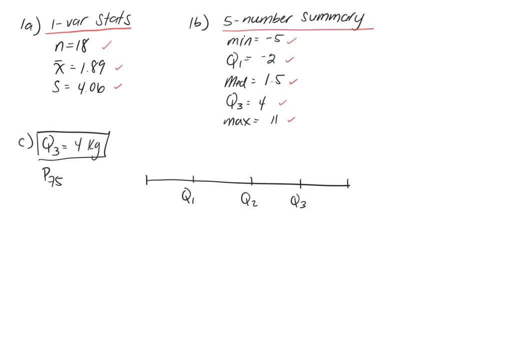So Q3 separates the top 25% of all of your data values from the bottom 75% of all of your values. So that Q3 value of 4 kilograms means this in the context of this problem. Now remember that we do have some context.